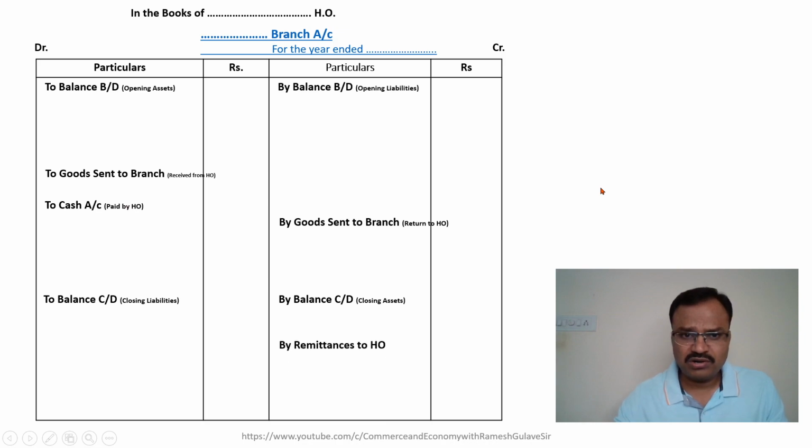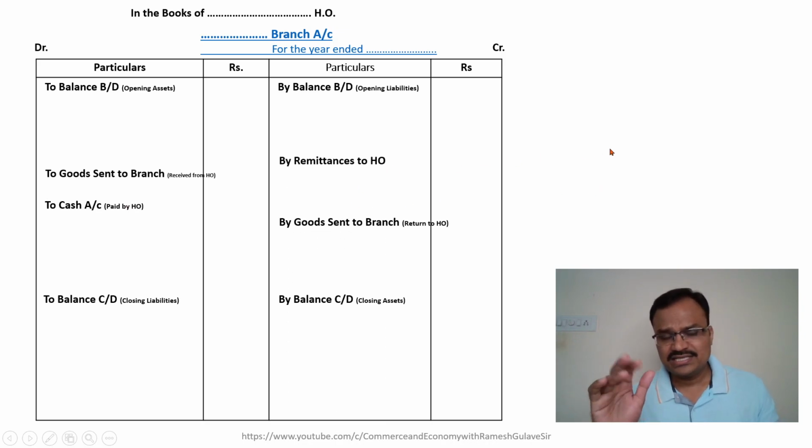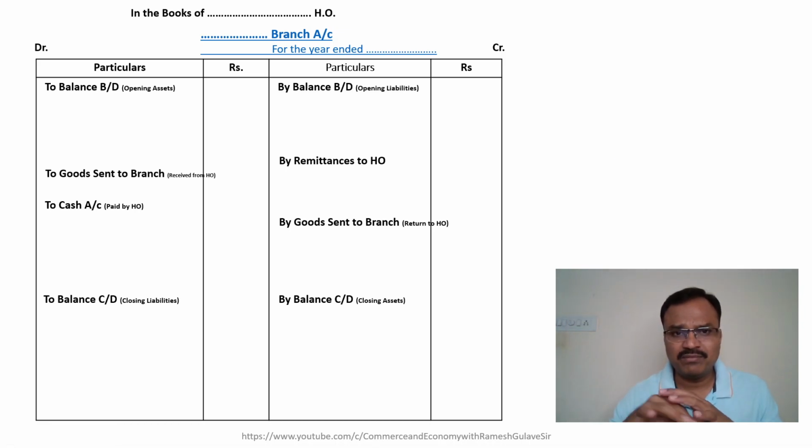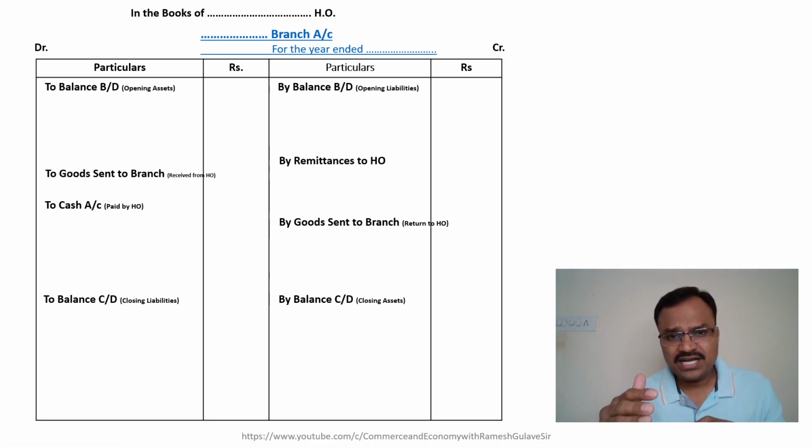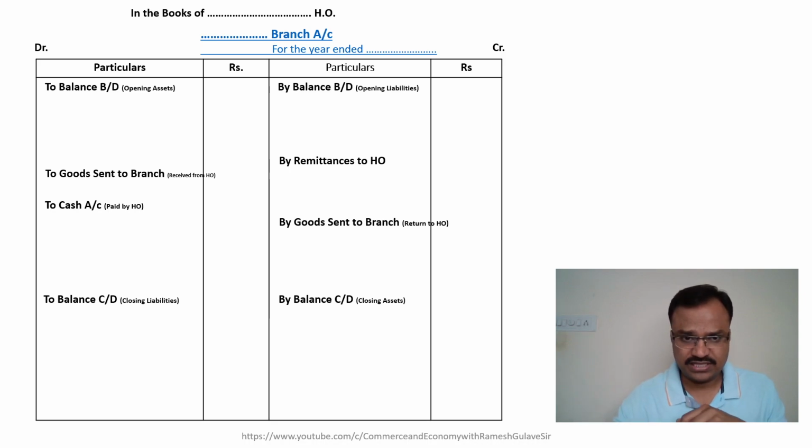Now, the second important point related to cash is by remittances to head office. See friends, as branch is opened by head office to conduct the business activities, at the end of the year the profit is transferred to the head office. So here in the remittances to head office, we have to record the amount of cash which is sent by branch to head office, right?